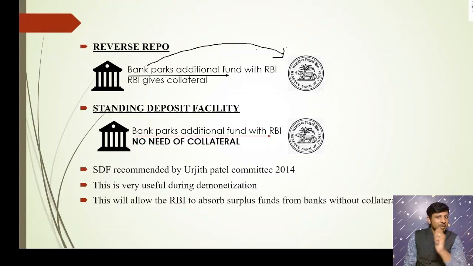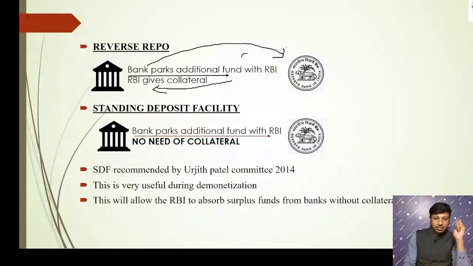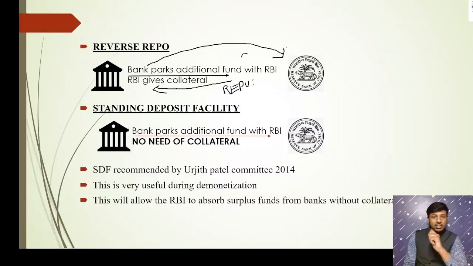Because the bank is providing money to the RBI, the RBI should provide certain security to the bank by pledging some collateral or securities, and the RBI will give a repurchase agreement, saying, for example, after 1 week I will get back my government securities and I will give that money back to you. Like this, the RBI will promise the bank.